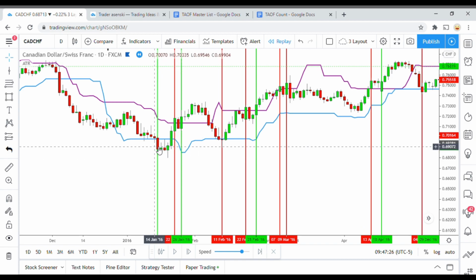But you can see that down here, we break the lower band, and even though we were able to capture the 50 pips, you can see that this red bar right here, it's a little bar, has a big wick on it, and then we get a reversal back into the bands.